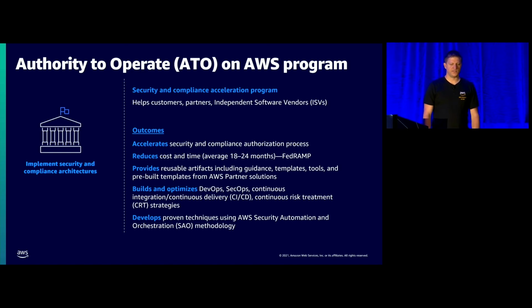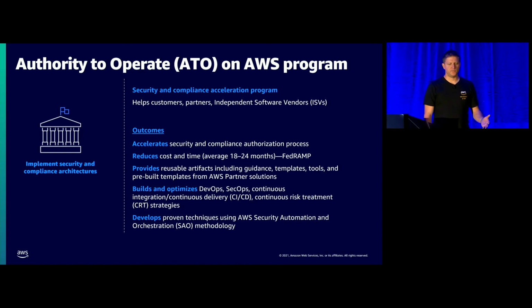ATO on AWS is a set of resources including automation, templates, and best practices that help solution providers running on AWS accelerate the security and compliance authorization processes, reducing the time and costs it takes to achieve an ATO, such as FedRAMP or CJIS.